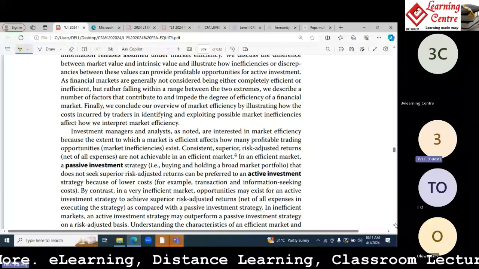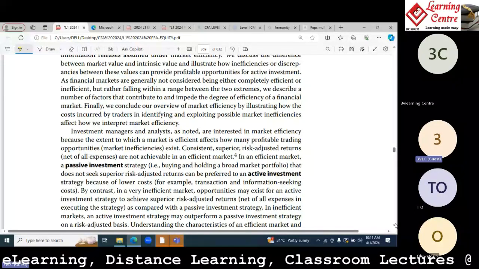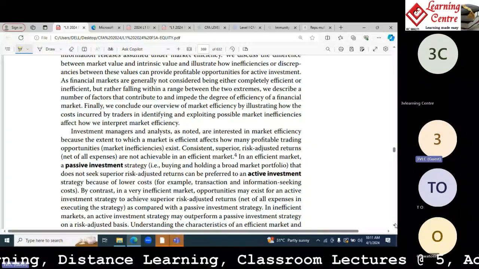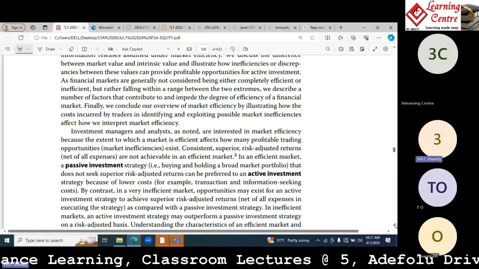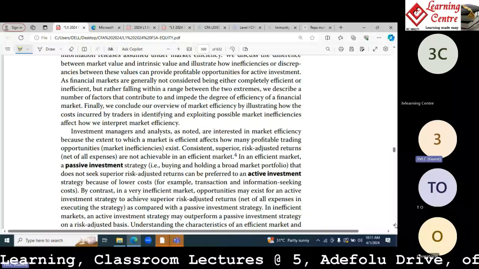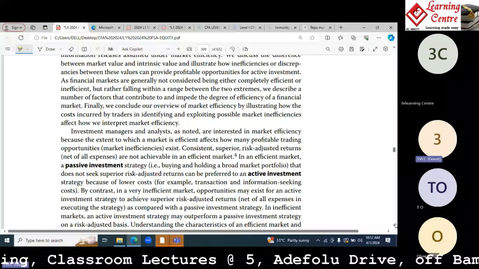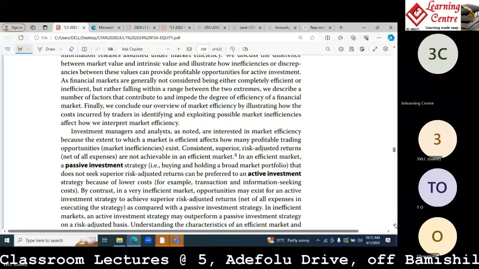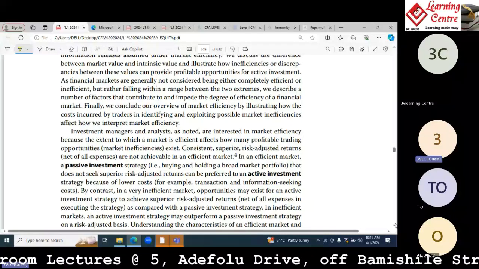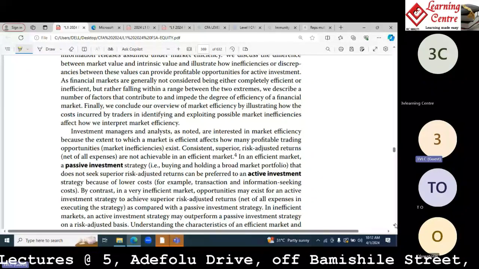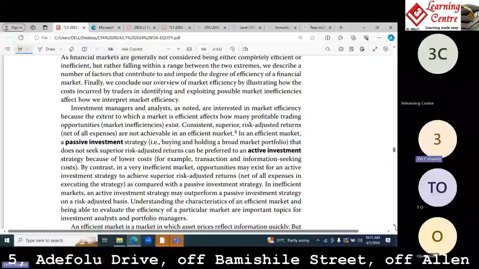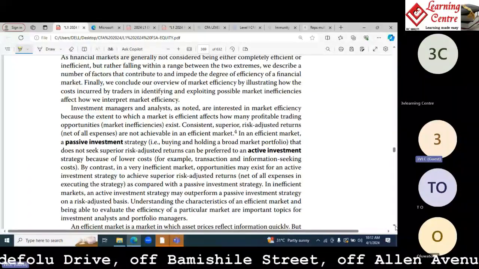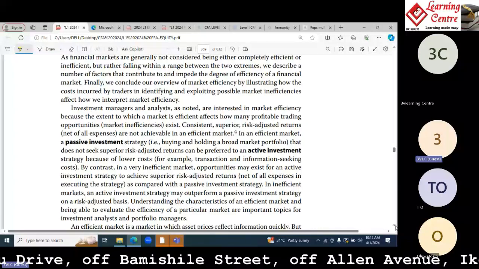So there's room for you to make abnormal returns by buying the stock at the price that the market gives you, knowing fully well that the price is inaccurate. And as time passes, the market would reflect its true self. Okay, so that's another aspect of market efficiency.